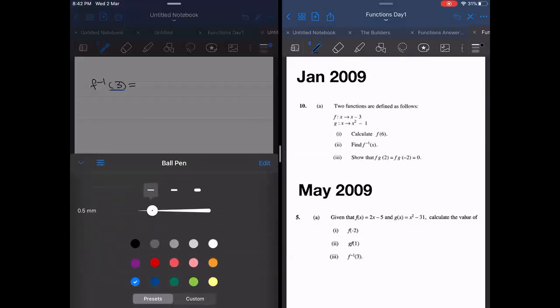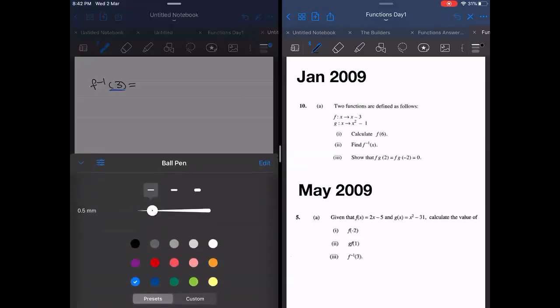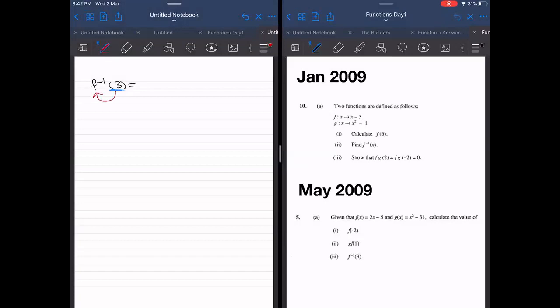All right, so F inverse of 3 is saying that we need to put 3 into F inverse. So the first thing we need to do is to find F inverse. So since f of x is 2x minus 5, remember step 1, you replace f of x with y.